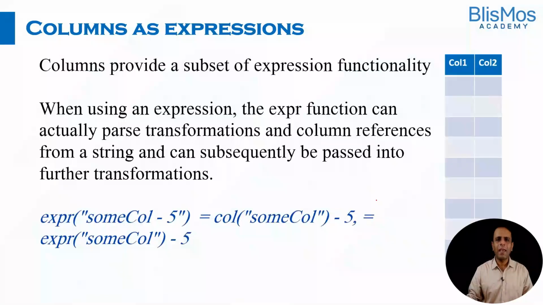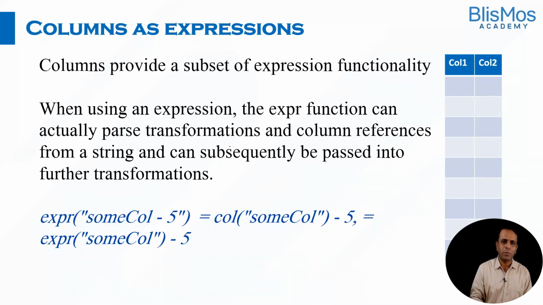Now we have columns. Columns provide a subset of an expression. When I say expression is nothing but a function which takes one or more column names as an input, resolves them and applies some transformations and produces some single value as an output, right? In the same way, columns also do the same thing. That is the point we are trying to make here.